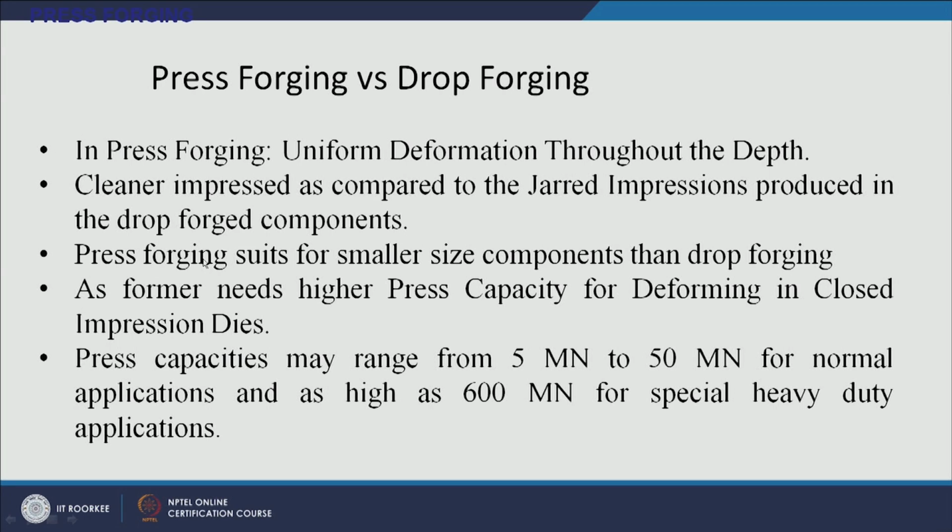Press forging suits smaller size components than drop forging, because the capacity limits the size of the components, and it needs a higher press capacity for deforming in closed impression dies. Press capacities normally range from say 5 to 50 million Newton for normal applications, but can be much higher, like 600 million, for special duty and heavy duty applications.